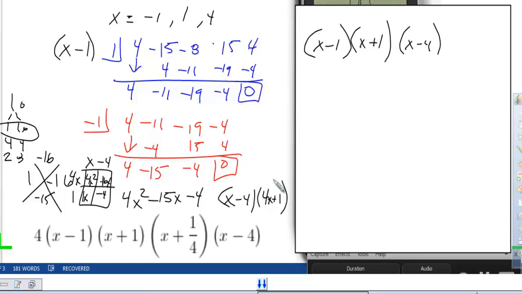So again, when you take minus 1 divided by 4, you get negative 1/4. So the actual factor or 0 here is at negative 1/4. So it's x plus 1/4, and then that is multiplied by 4. You can put that out the front. At the end, it doesn't really matter. 4 times x is 4x. 1/4 times 4 is 1.